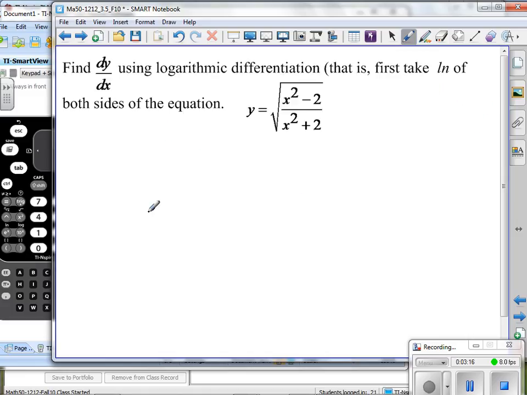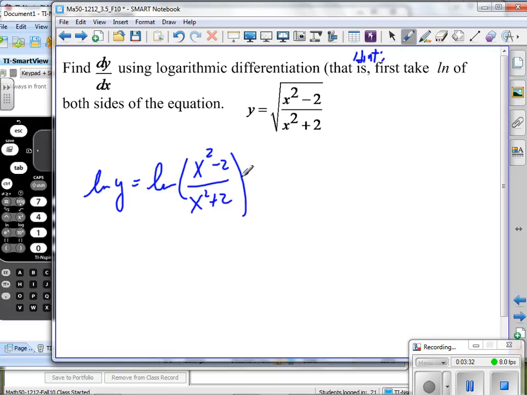Using logarithmic differentiation, the hint, first take the natural log of both sides. We'd have the natural log of y equals the natural log. I'm going to go ahead and make this to the 1/2 power.